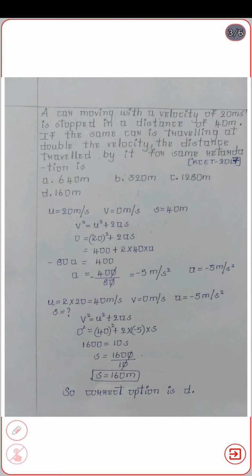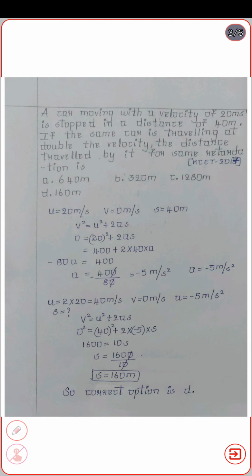That's nothing but the initial velocity, u equals 20 meter per second, and it is stopped in a distance. What does stopped mean? Your final velocity will be 0, and it has moved a distance of S equals 40 meter.